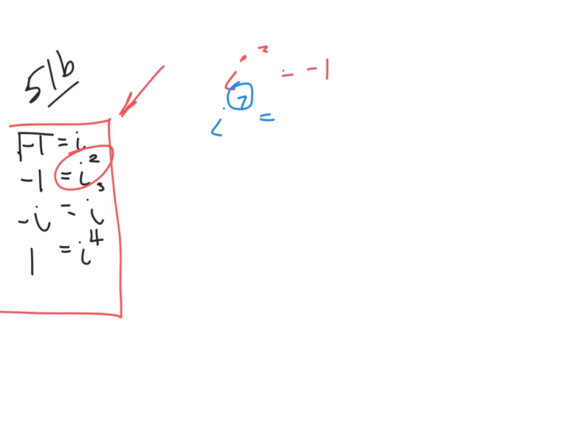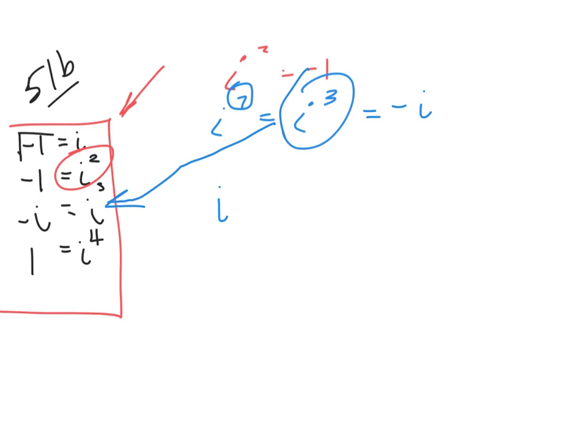It goes into it one time with 3 left over. The remainder will always be a number between 1 and 4, so it will always work here. So i to the 7th is the same as i cubed, which is negative i.